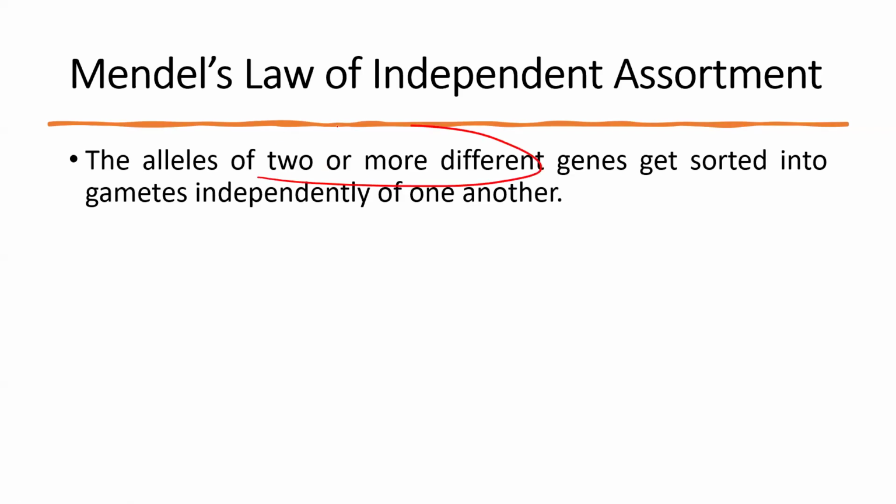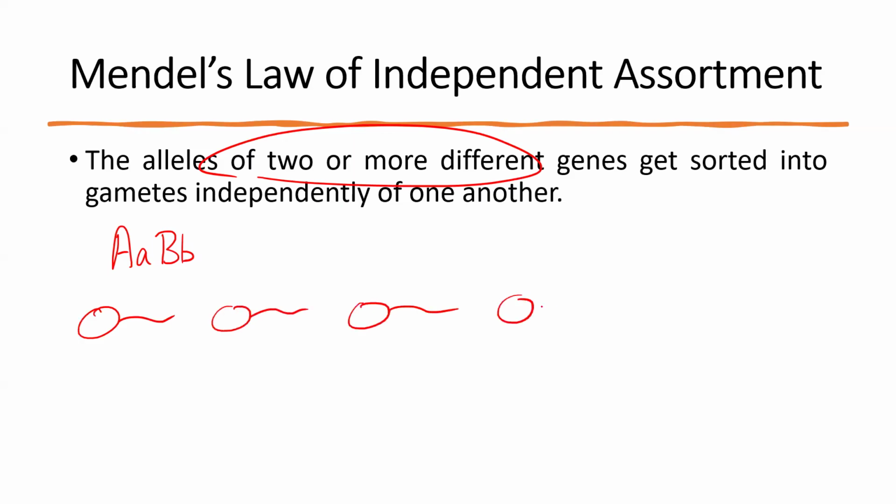When you have two or more alleles, how do they get sorted into the gametes? I will do a few examples with you. Let's say we have big A, small a, and big B, small b. And let's say it's a male and we're producing sperm here. What are the possible combinations that we can get?